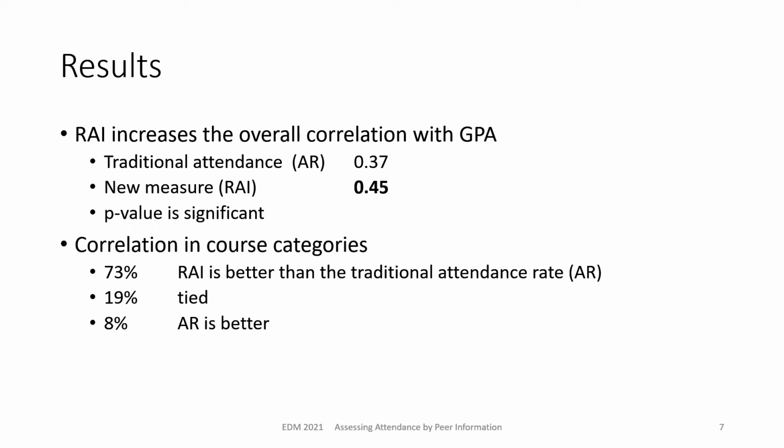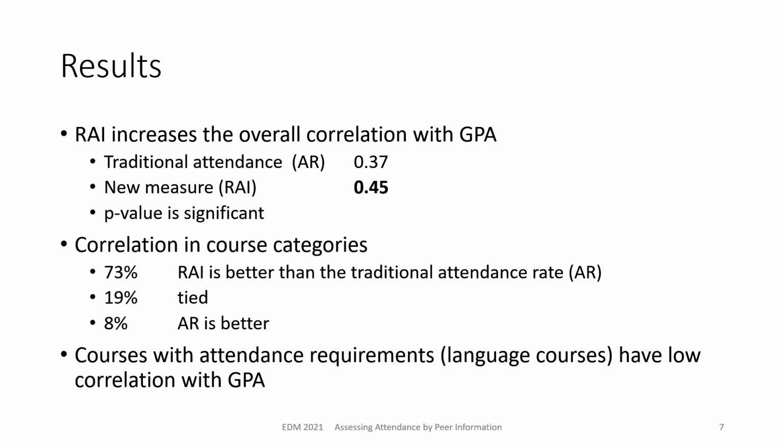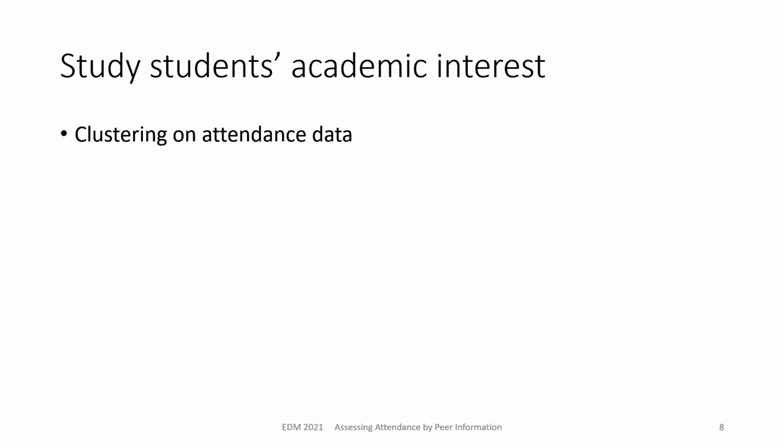With only 8% of the course categories, RAI is worse than AR. We observed that courses with mandatory attendance requirements, such as language courses, usually have a relatively low correlation with GPA.